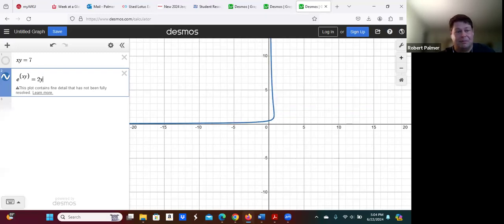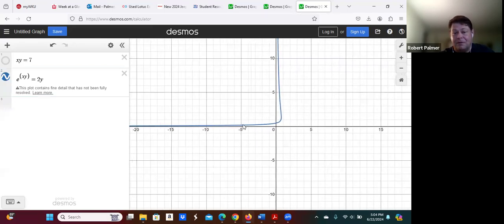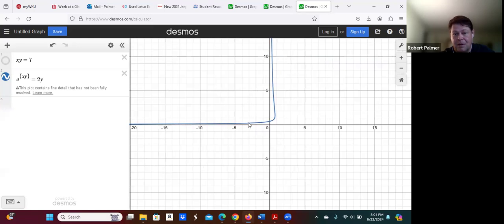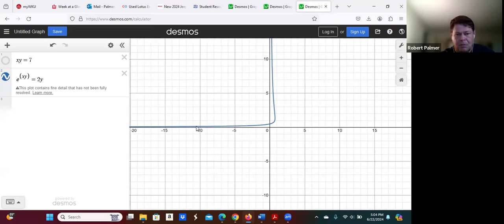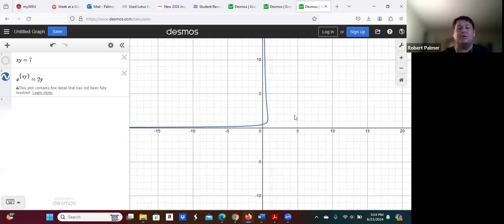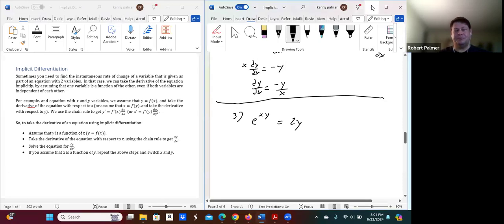But that's the graph we get. So the same way, if I want to trace any point on this graph, I can also find the slope of the tangent line to that graph. Let's go back and do that then.